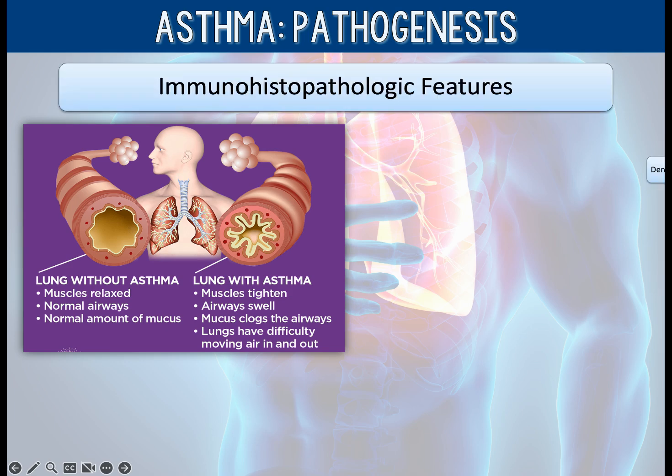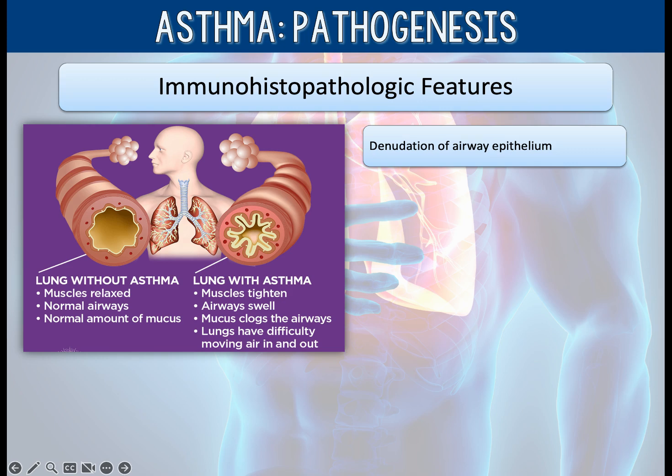So these are your immunohistopathologic features of asthma, and there's what they call denudation of airway epithelium. So denudation, gosh, I can't talk today. So denudation is stripping. It's the stripping of airway epithelium.